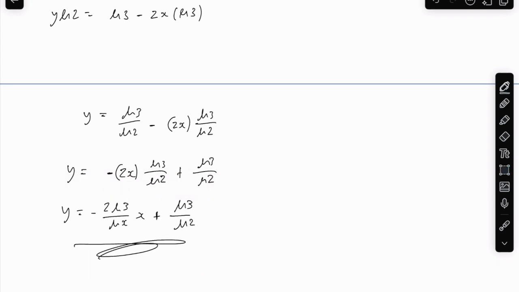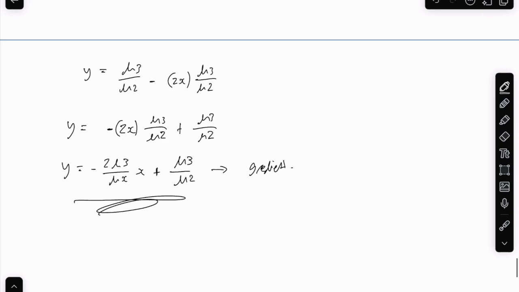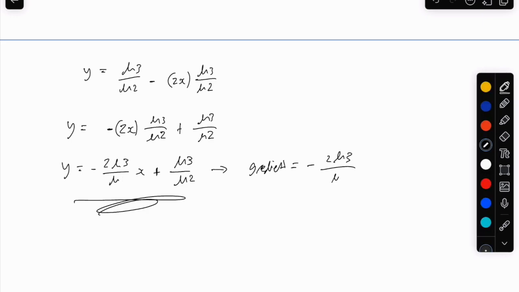And that's going to be your final answer there. In fact, actually, say the gradient. What do they want? Exact value of the gradient. So the gradient is going to be the final answer, and that should be minus 2 ln 3 over ln 2.